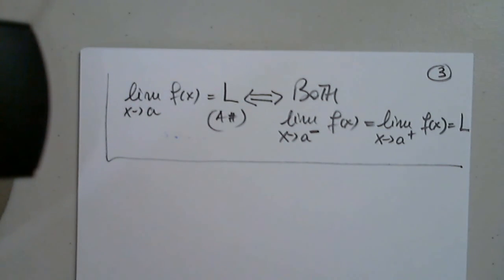Does not exist. Exactly. Because the left limit goes where? Infinity. And the right limit? Negative infinity. Of course. As x approaches 1 from this side, follow the function over there. As x approaches 1 from this side, follow the function over here. So it's D and E.